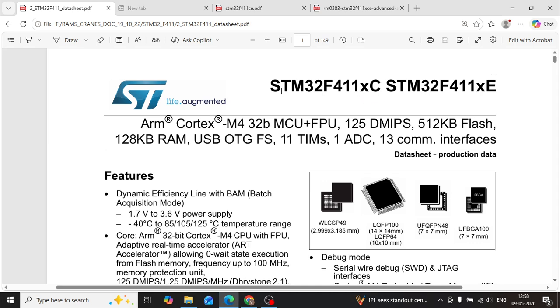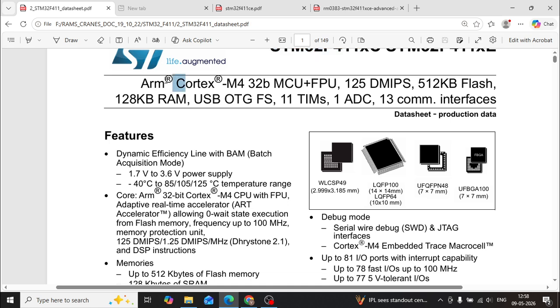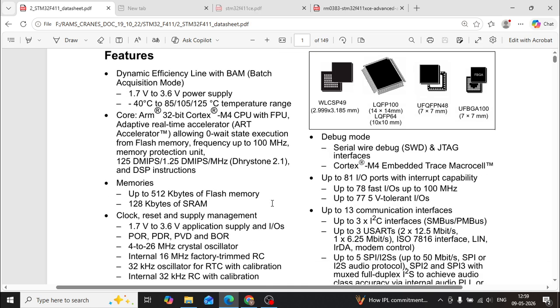Now if you see this, you know that STM32 microcontroller is basically a 32-bit microcontroller. These are all the important features you can see here. If you see the features one by one, the first important point is the core feature.